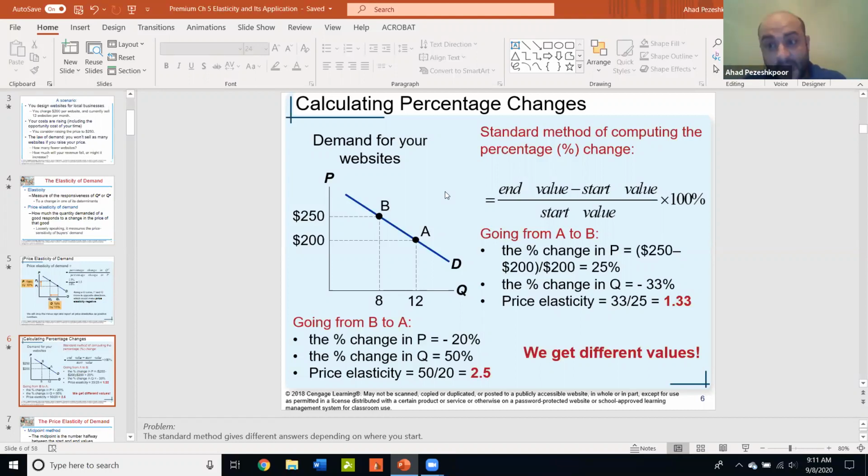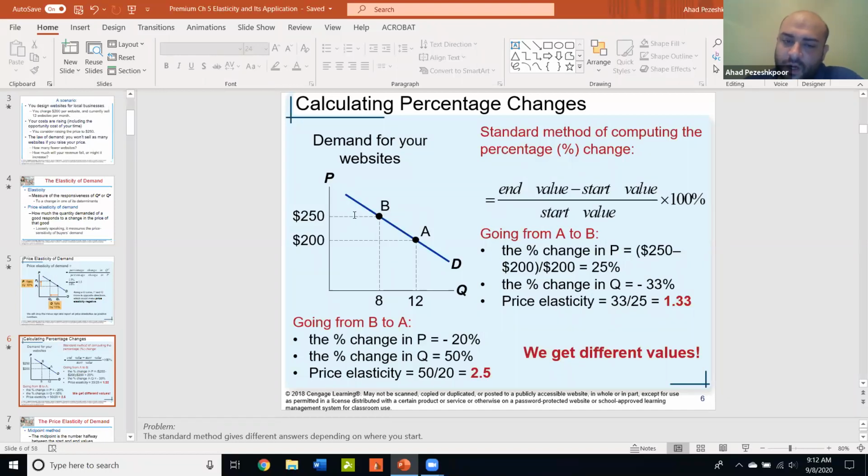Is the change big or is the change small? You don't care about the absolute change, whether it is 200 units or $300 or 500 miles. You want the relative number. You want to know if the change is small or big. End value minus the start value divided over start value.